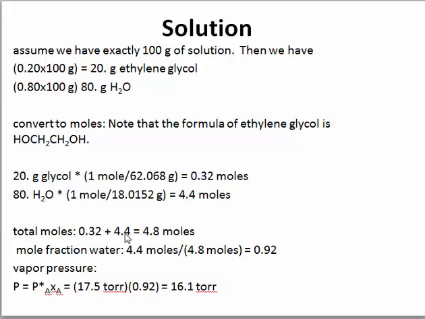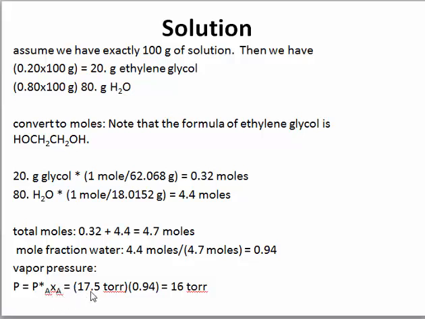Total moles is then 0.32 moles plus 4.4 moles, which is 4.7 moles. Mole fraction of water is 0.94. When we solve for the vapor pressure, we include only the vapor pressure of water times the mole fraction of water.